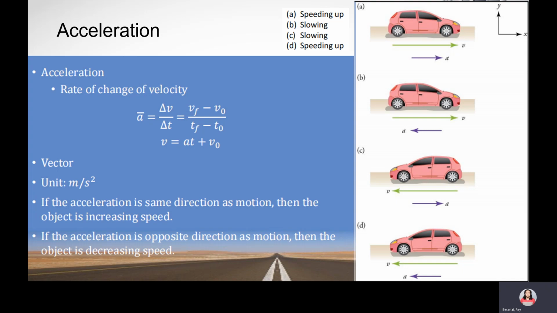Then yung ating car is decreasing ang speed or slowing down. And then same lang siya dito sa ating letter C na representation or a figure. So here makita nyo na opposite ang ating velocity and acceleration sa kanilang direction. So slowing down ang ating object. So here sa letter D, same ang kanilang movement or ang kanilang motion or ang kanilang direction. So ang object natin is increasing ang speed or speeding up. Okay.